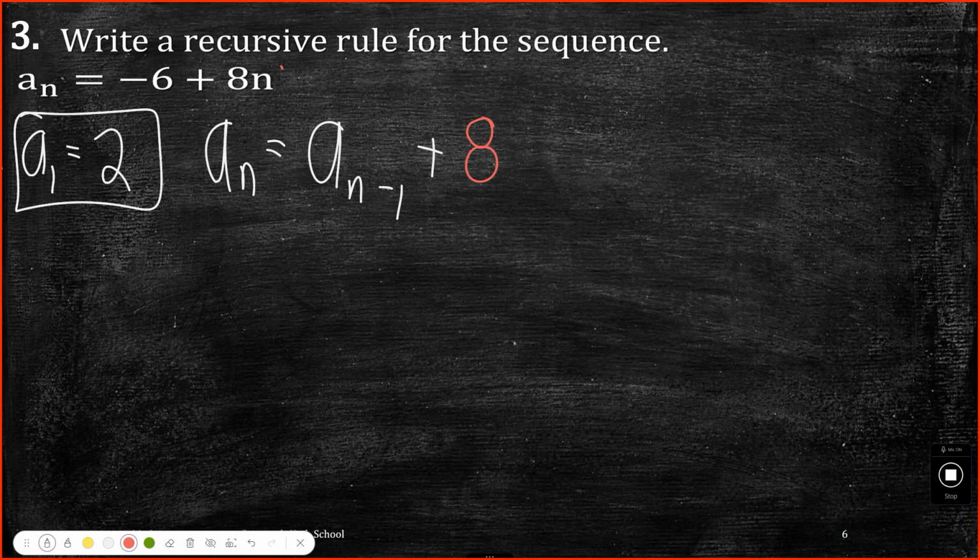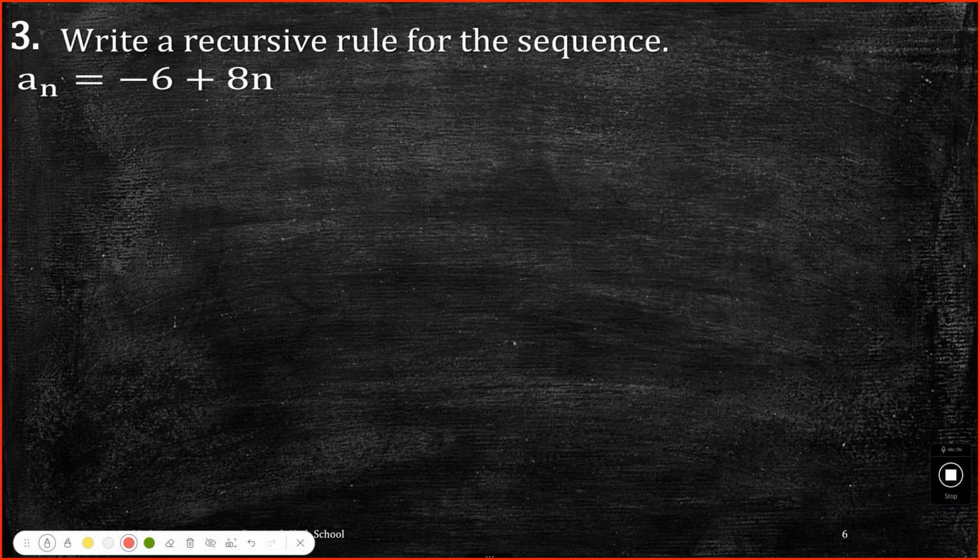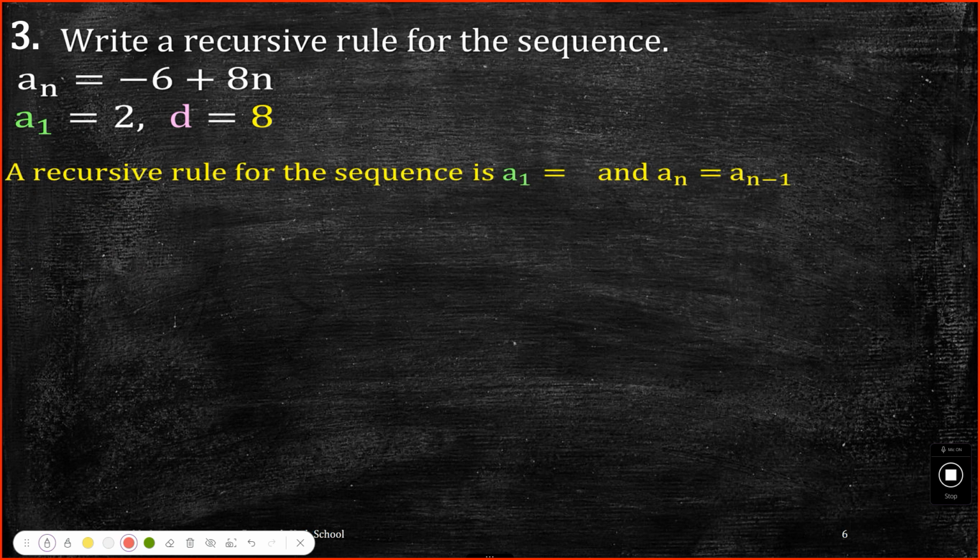You've got to give one of the numbers in the sequence and then the general rule after. A recursive rule for the sequence is that A1 is 2, and then A sub n equals A sub n minus 1 plus 8.